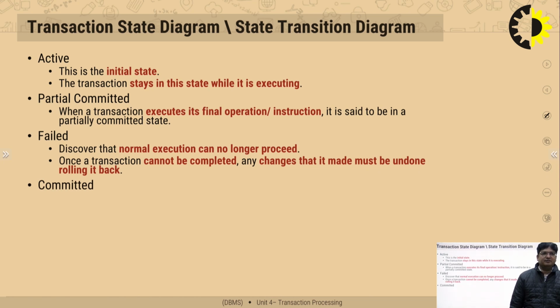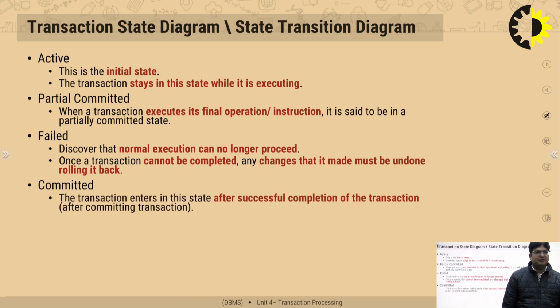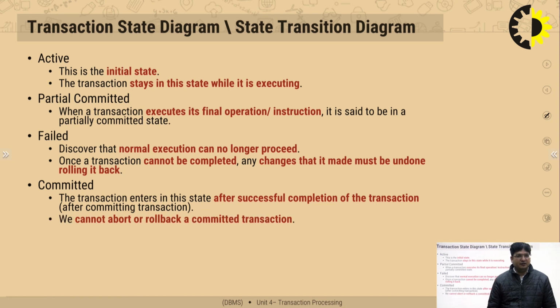Once a transaction cannot be completed, any change it made must be rolled back. Committed state, the transaction enters this state after successful completion, that is, the values are reflected back in the disk. Next, we cannot roll back or abort a committed transaction. That is for sure. Once it has committed, we cannot roll back the changed values.